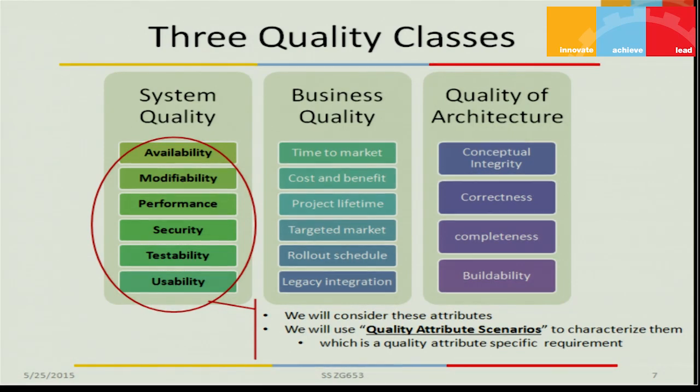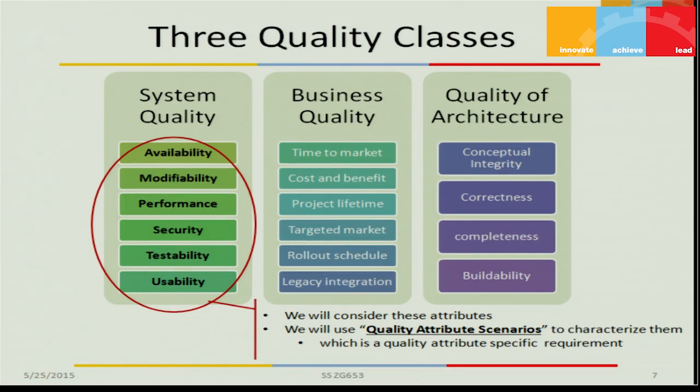We will use a term called quality attribute scenarios to characterize each of them with a very attribute-specific requirement. We are going to use these scenarios to capture requirements, and then use the same scenarios to reason about how those requirements can be met using architectural tactics.